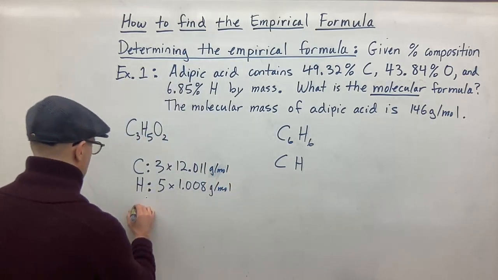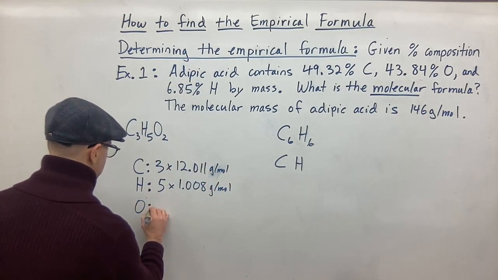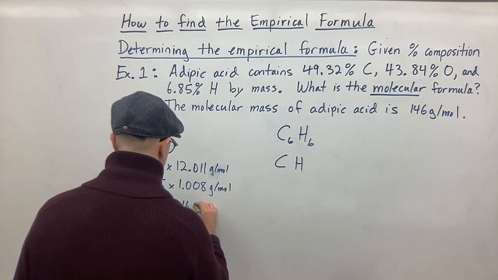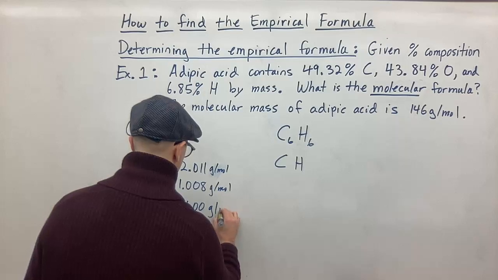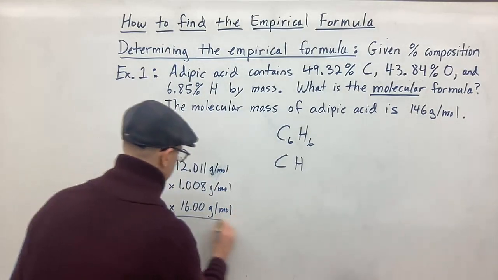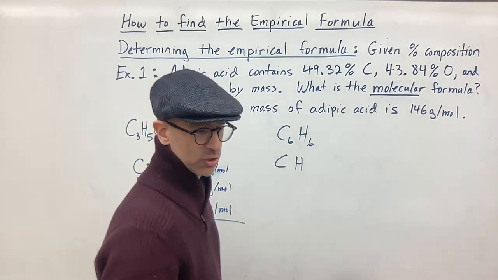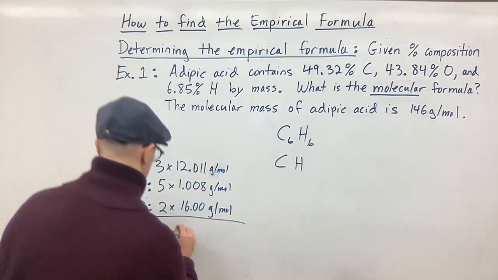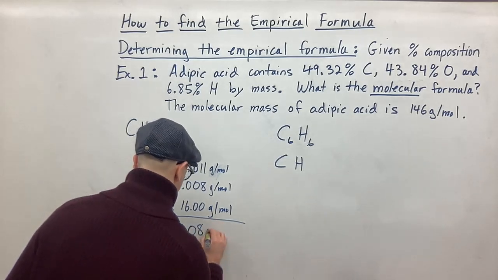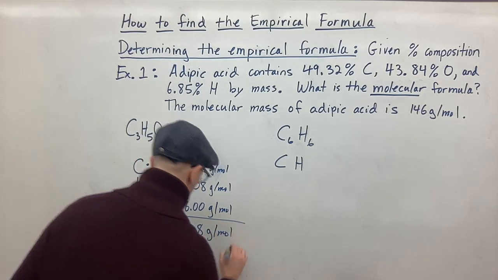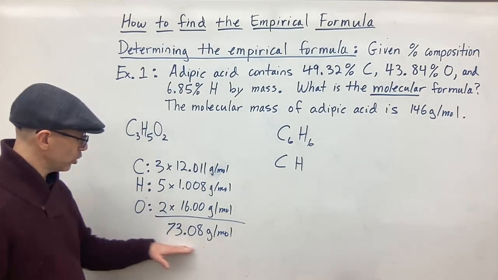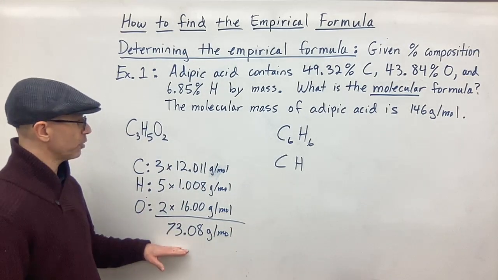And then for oxygen, that's 2 times 16.00 grams per mole. When we add it up, the total is going to be 73.08 grams per mole.